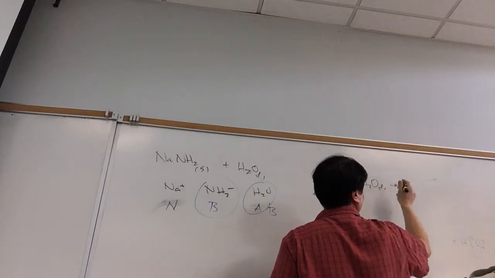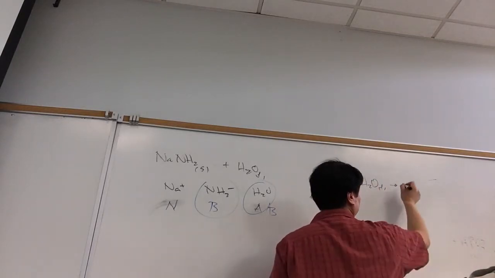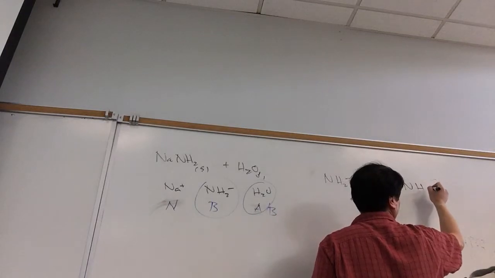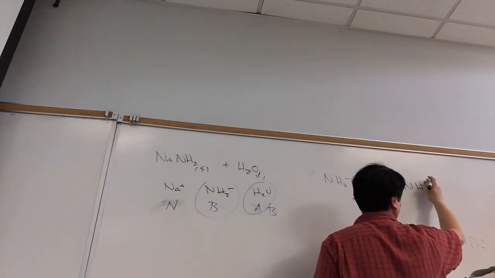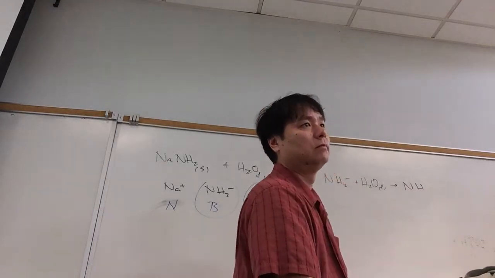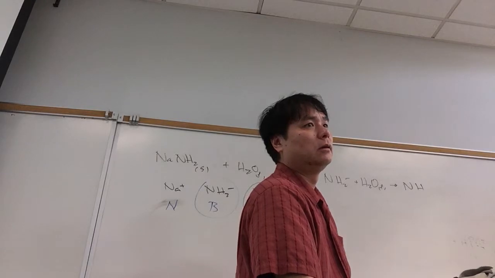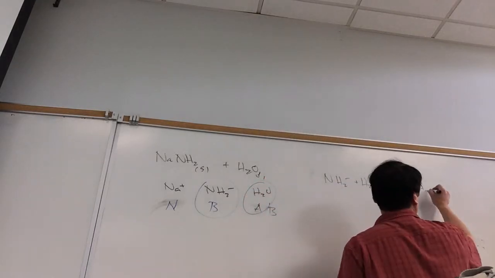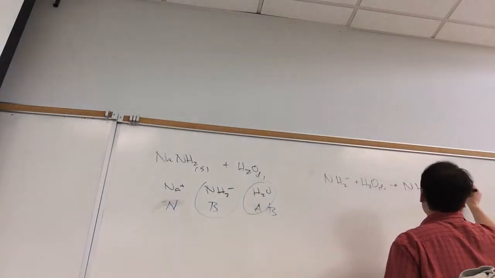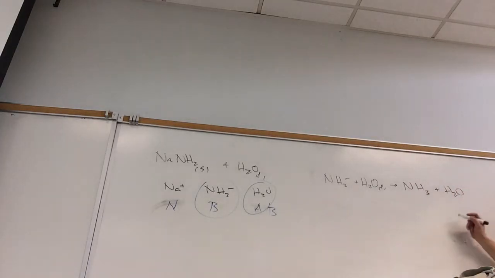What does it yield? Ammonia, NH3. We only transfer one proton. It's got to go to 3, can't go to 4.